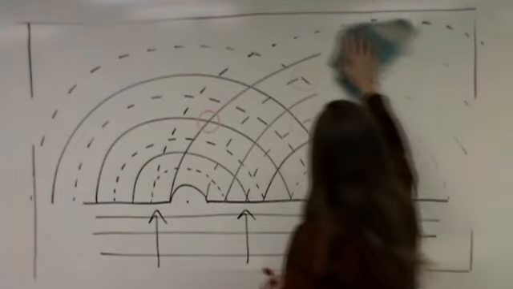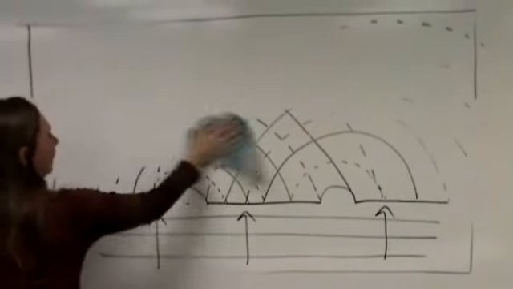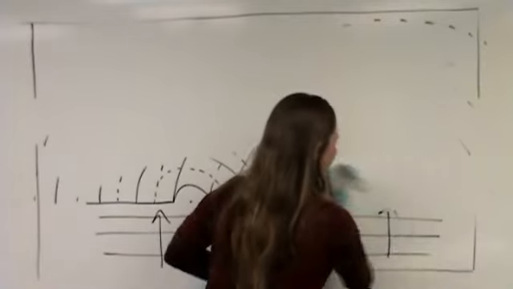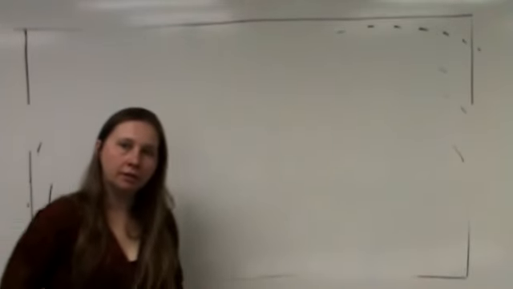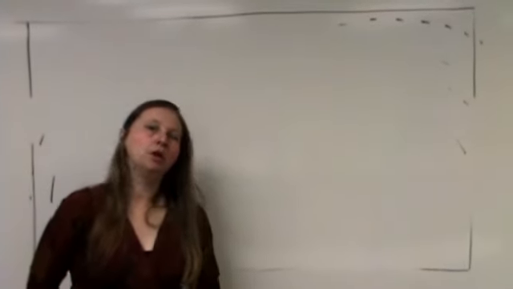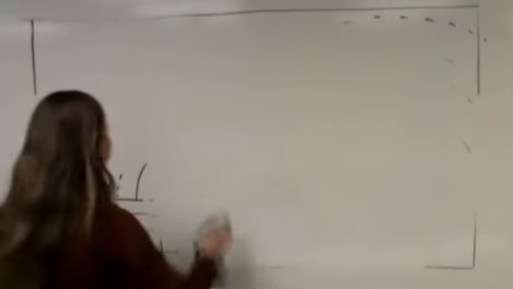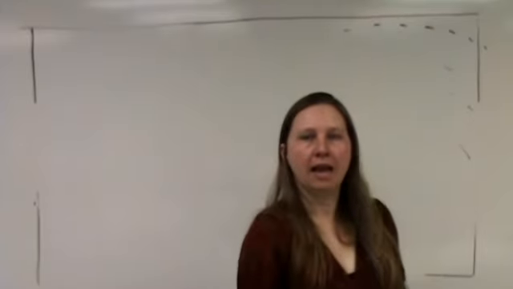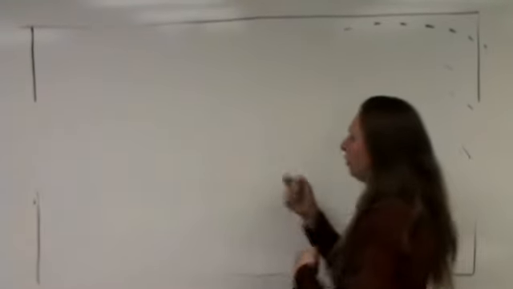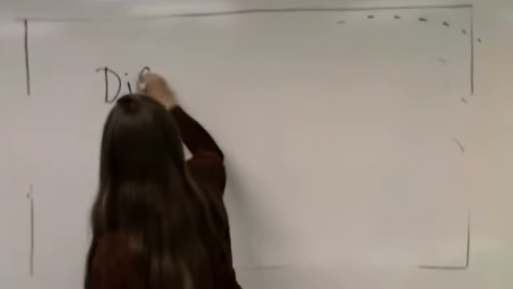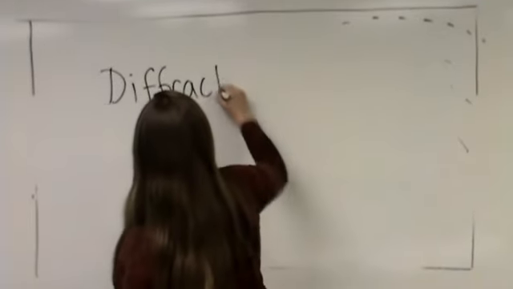So, one of the things I'd like you to write down in your notes is that diffraction and interference prove the wave nature of light. Diffraction and interference prove the wave nature of light.